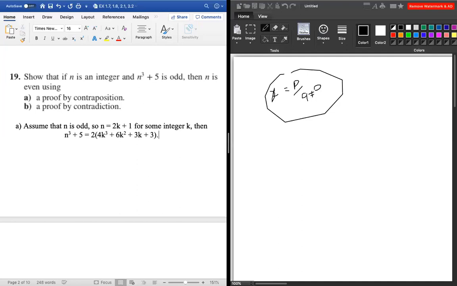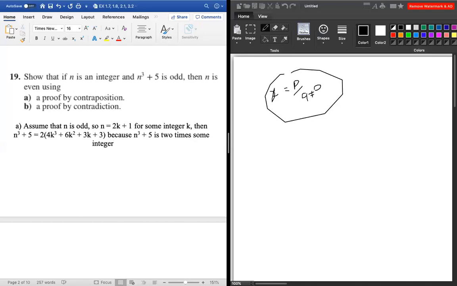Okay, because n cubed plus 5 is 2 times some integer.